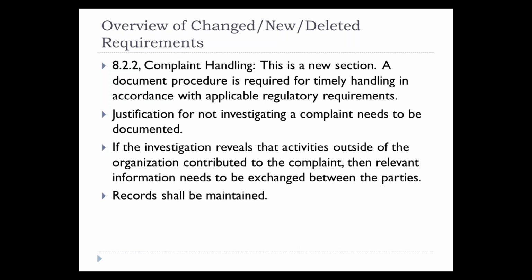If a determination is made not to investigate a complaint, that needs to be justified and documented. If the investigation reveals that activities outside of the organization contributed to the complaint, maybe a component part or an outsourced service, then the relevant information needs to be exchanged with the involved parties, and records have to be maintained of every step.